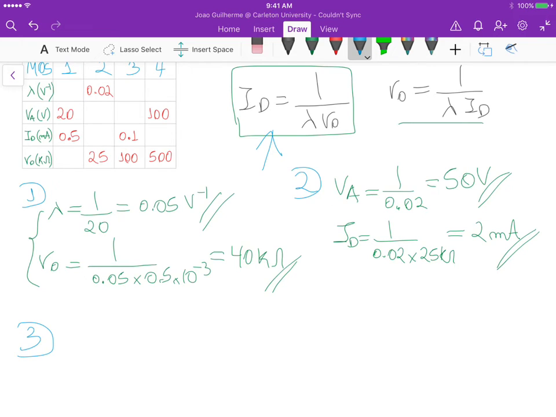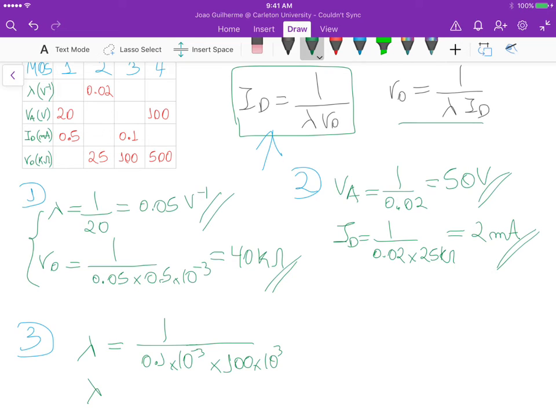So lambda 3 is equal to 1 over ID, which is 0.1 times 10 to the minus 3, times the resistance, that is 100 kilo ohms, 10 to the 3.